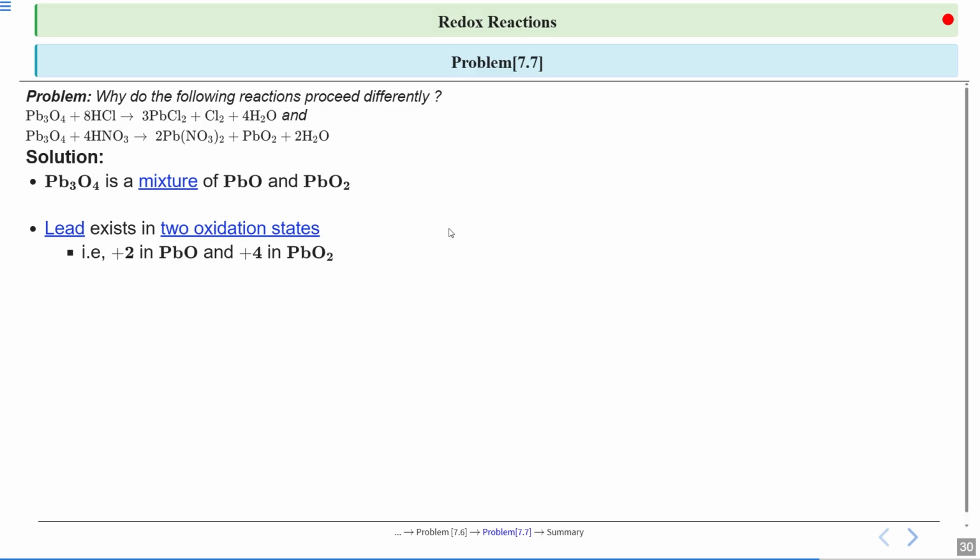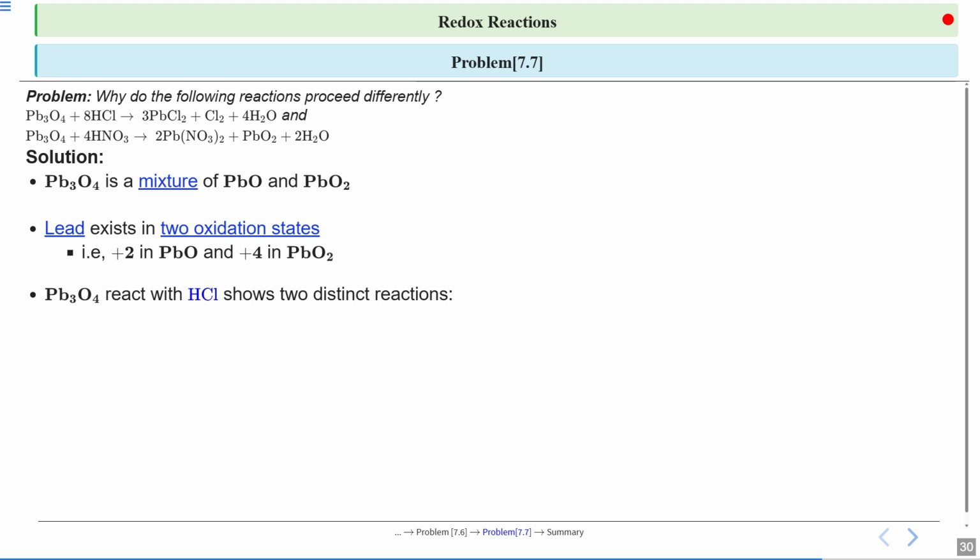If we look at the oxidation state, lead exists in the +2 oxidation state in PbO, while in +4 in PbO2. So if we consider the reaction of Pb3O4, it will react with HCl and show two distinct reactions.